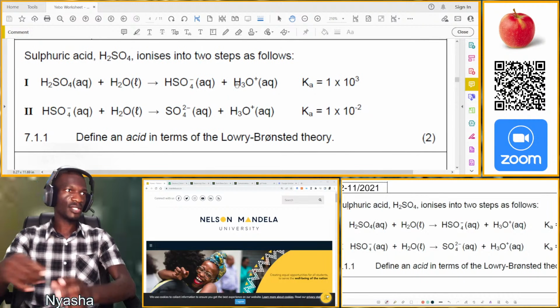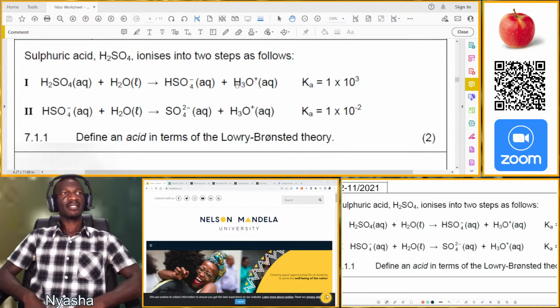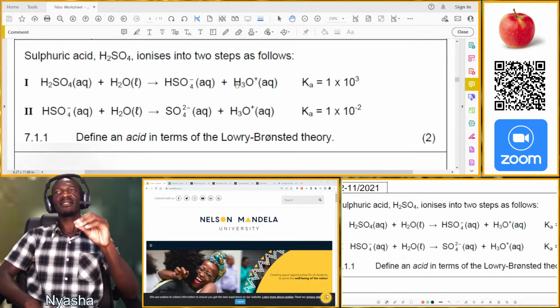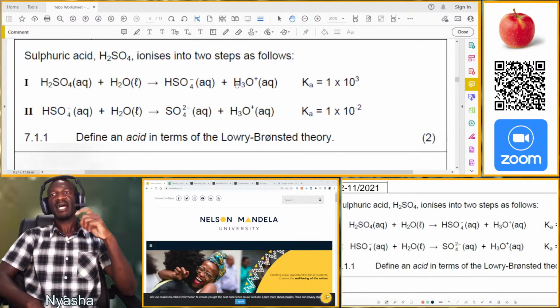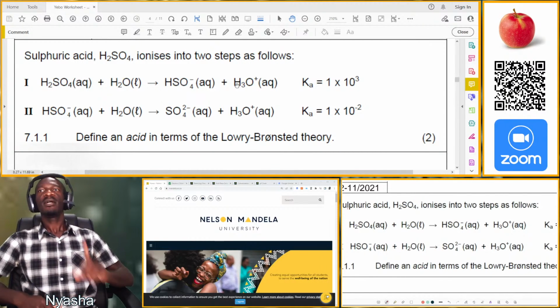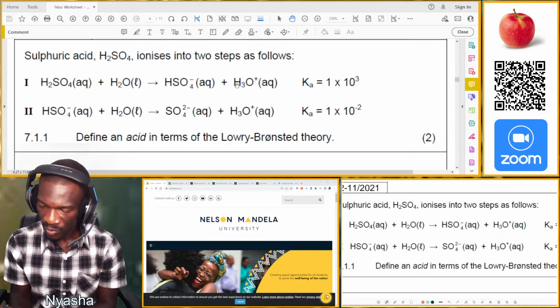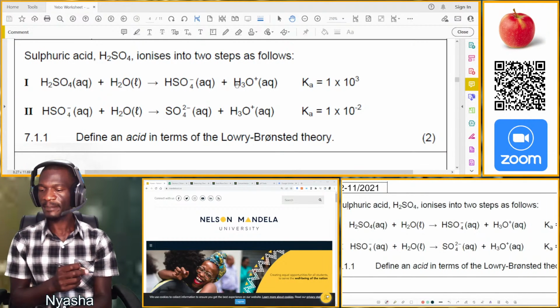Sulfuric acid, H2SO4, ionizes in 2 steps as follows. The first step: we have our sulfuric acid.